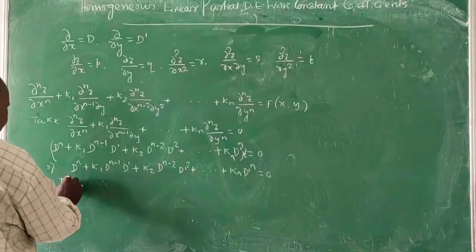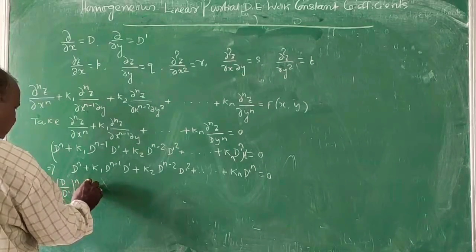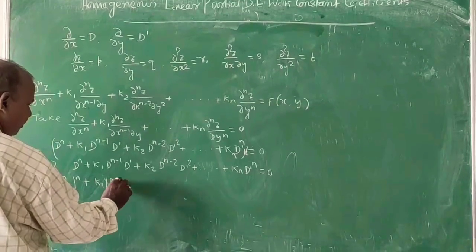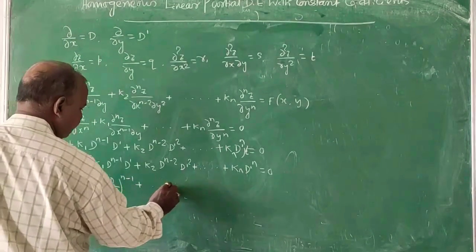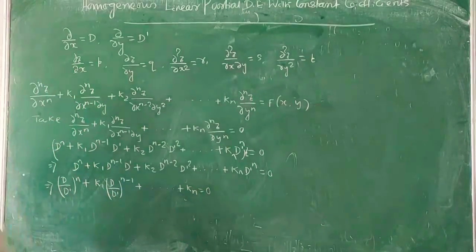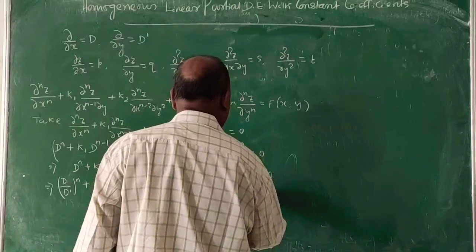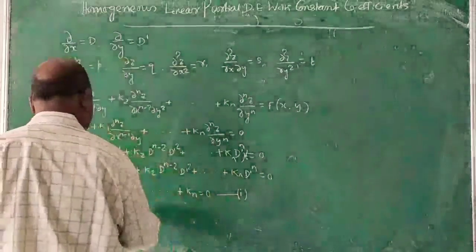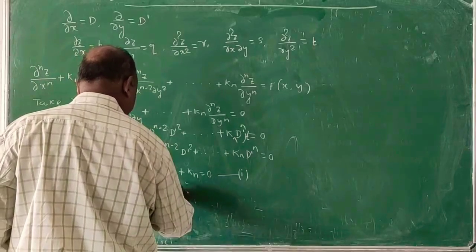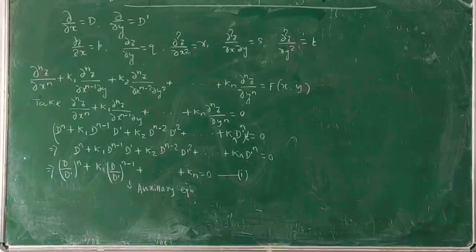So you obtain D by D dash to the power n plus k1 D by D dash to the power n minus 1, up to kn, equal to 0. This equation number 1 is called the auxiliary equation. Then you try to solve it.